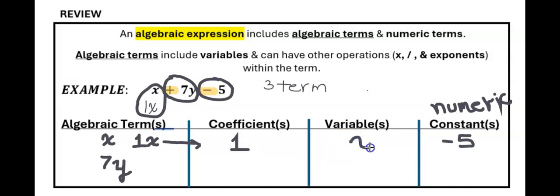And the variable is x when we break that term apart. When we break this one apart, the coefficient is 7, and we're multiplying that by y, so that's the variable. So we just have all these parts that make our algebraic expression, and identifying and knowing what they are, remember these vocabulary words and what they mean is going to be very important as we get further into this unit.